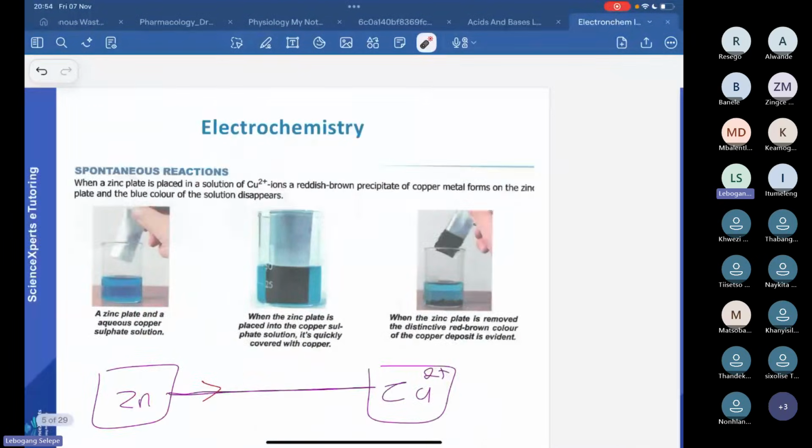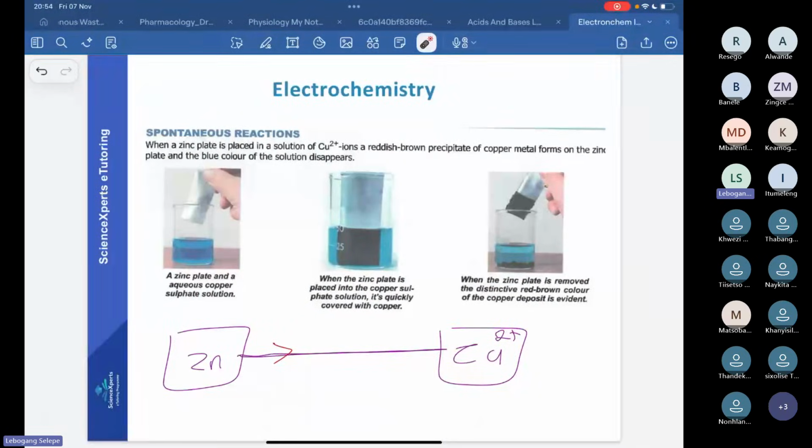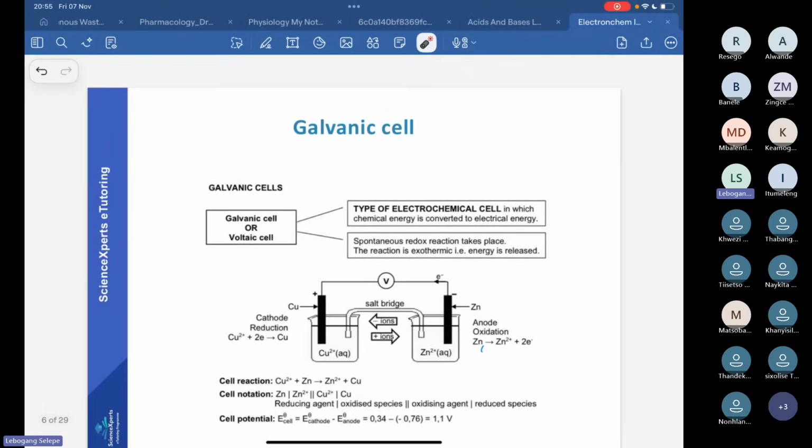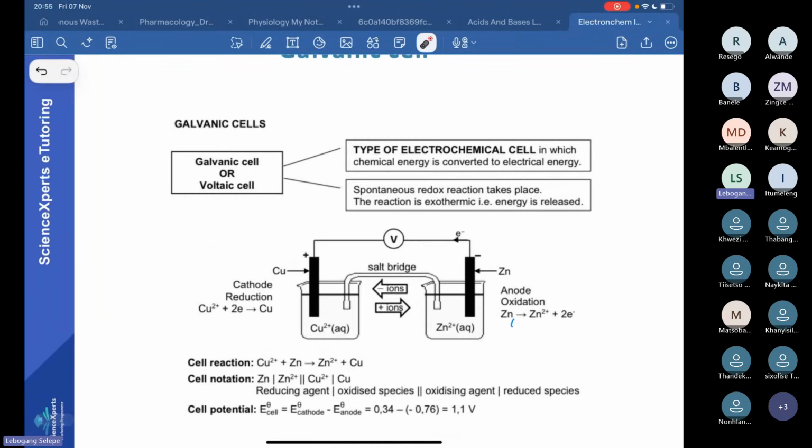So let's pass this one. This is the simple idea of how a galvanic cell works. Now let's look at a fully functional galvanic cell, with the nitty-gritty of it. A galvanic or voltaic cell converts chemical energy to electrical energy.